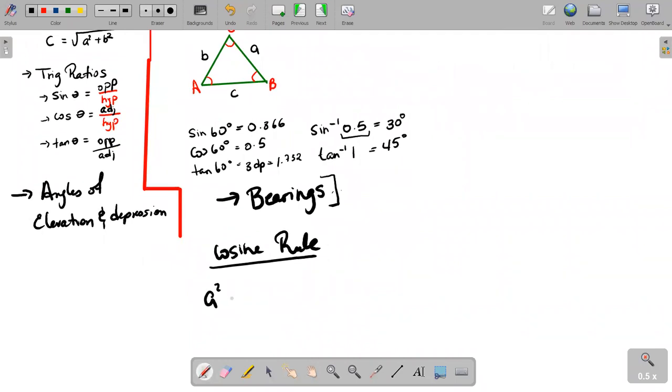A square is equal to b square plus c square minus... hold on there, I'm looking for my formula sheet. Even me, sometimes I forget the second part. But we're going to get to that too soon.